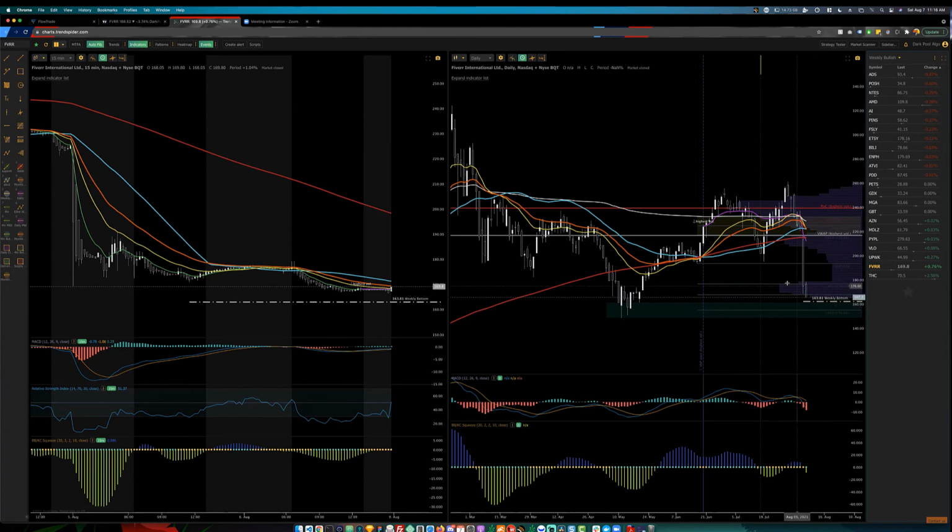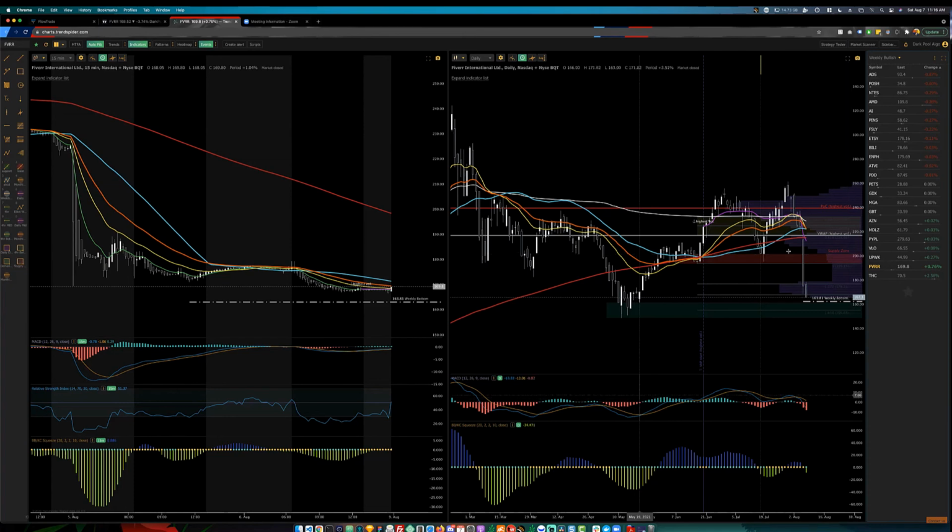Nice, good demand zone there. Got that gap to fill up to 196, which is going to be our supply zone. While it's a micro supply zone, it's still a supply zone. It's a pretty long running one too. That's a pretty significant supply zone.